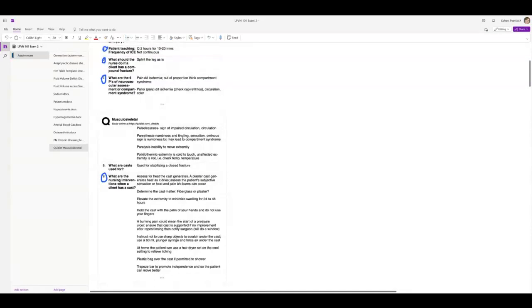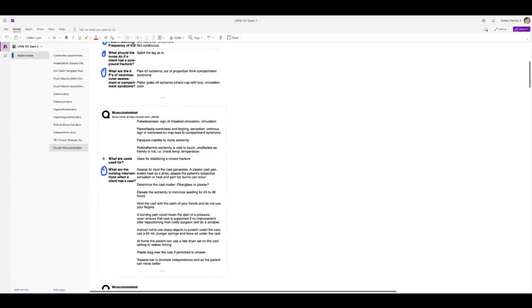You want to elevate the extremity to minimize swelling for 24 to 48 hours. It also helps prevent compartment syndrome. You want to hold a wet cast with the palm of your hands and don't use your fingers because you're going to put dents in the cast, which could then poke into their skin. A burning pain could mean the start of a pressure ulcer, so you would let the provider know and they cut a window in the cast if they need to.